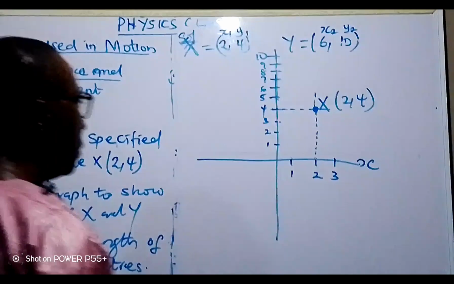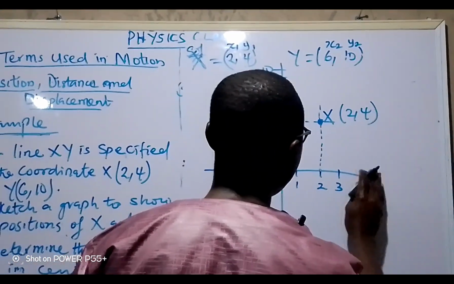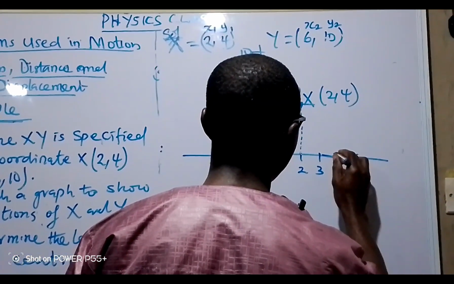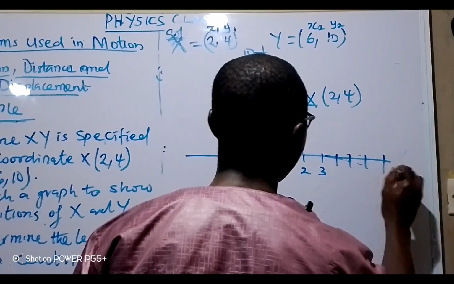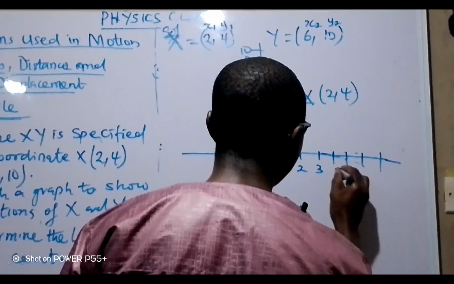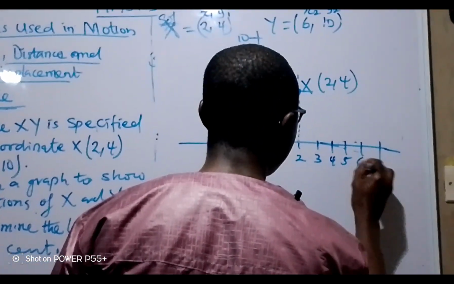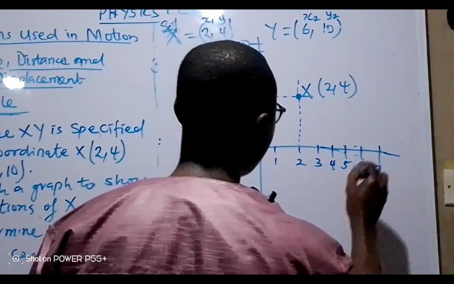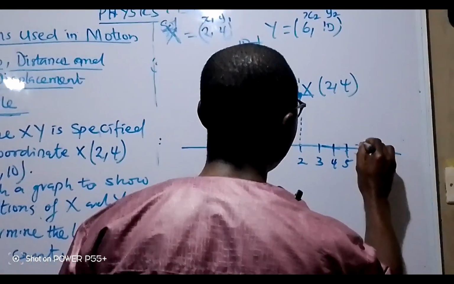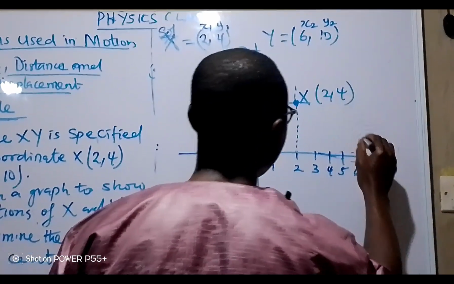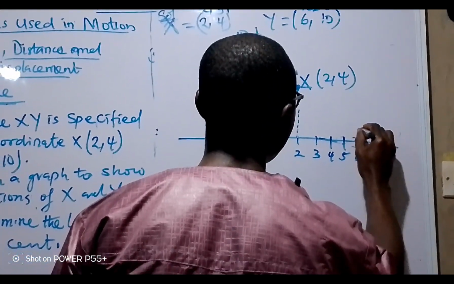So we are still going to extend this one too: 4, 5, 6, 7. Both are positive. Now for Y, trace it up. That is for this y. The x2 is 6. Trace it up.